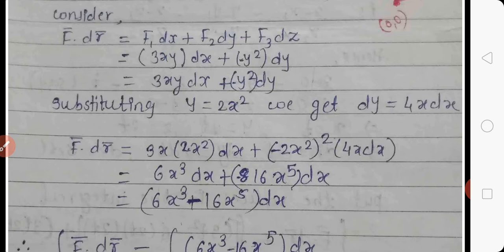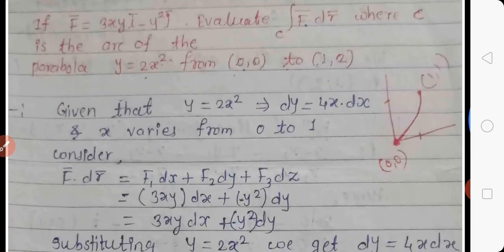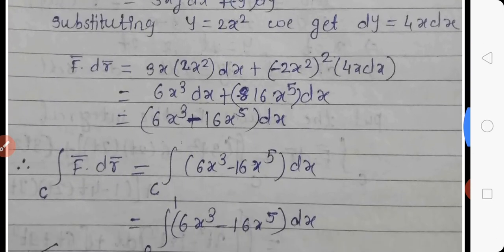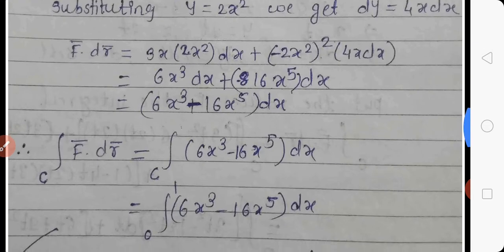Now substitute the value in the given integration. We got the value of the line integral. Here the line integral of F bar dot dr bar over C is equal to the integration over C, where the value of F bar dot dr bar is (6x cubed minus 16x raised to 5) dx. Now here we can put the limits.